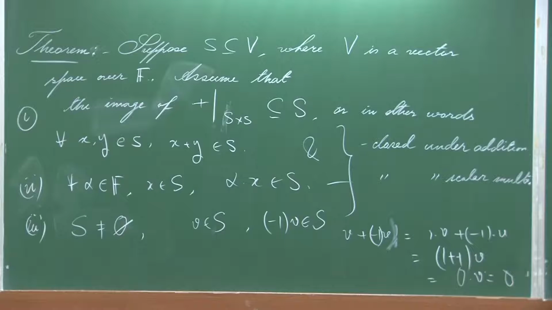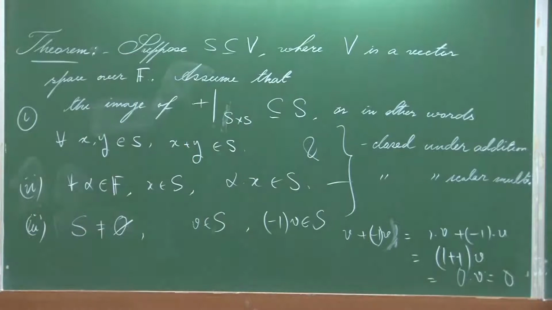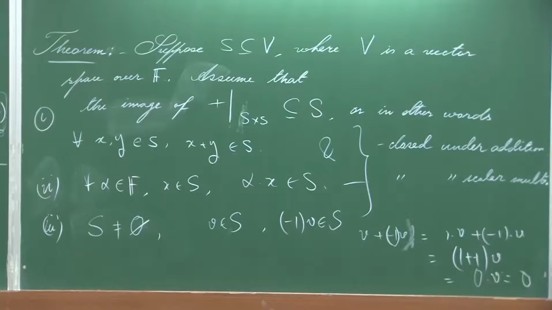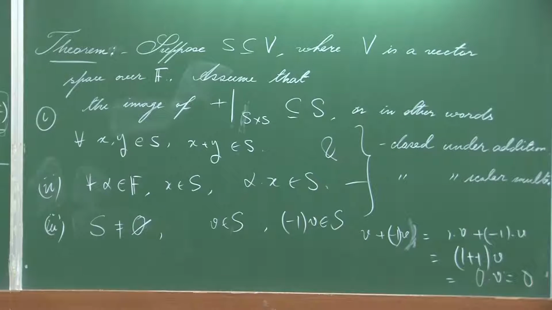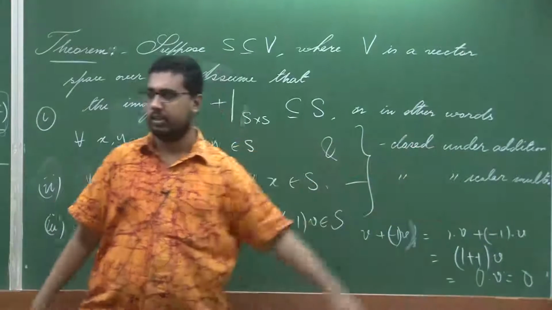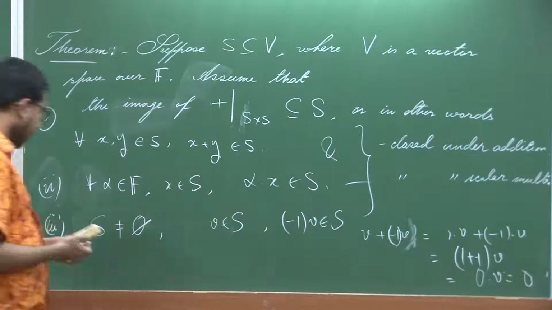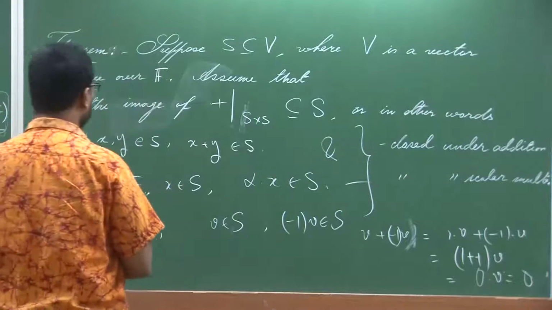So, saying 0 lies inside S and saying S is non-empty, when S is both closed under addition and scalar multiplication, these are the same, that is what I have been telling for so long.